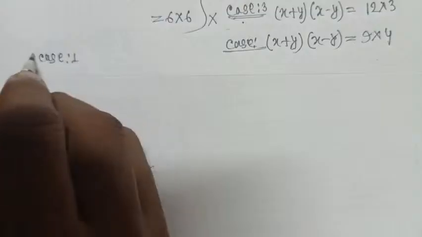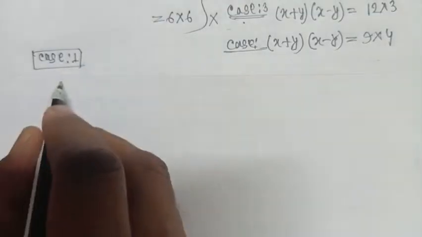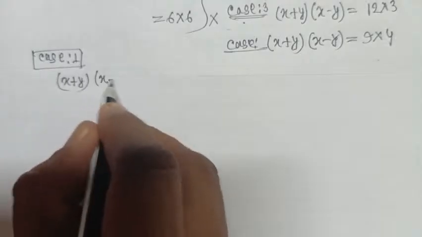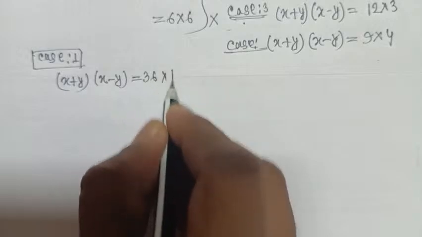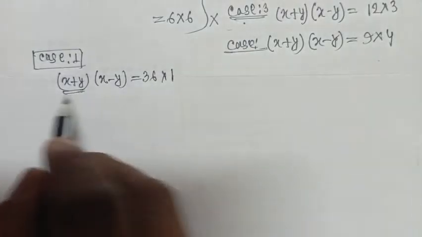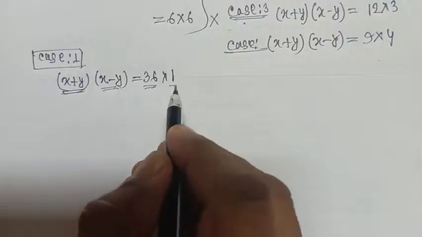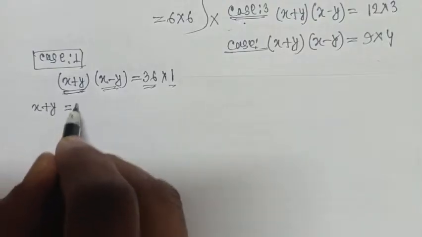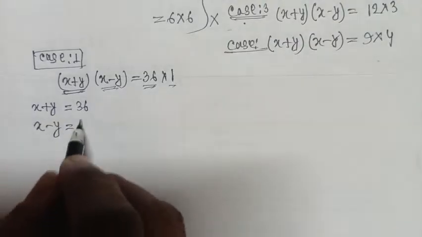Where x plus y into x minus y is equal to 36 into 1. Now I'm going to equate x plus y to 36 and x minus y to 1, then x plus y is equal to 36 and x minus y is equal to 1.